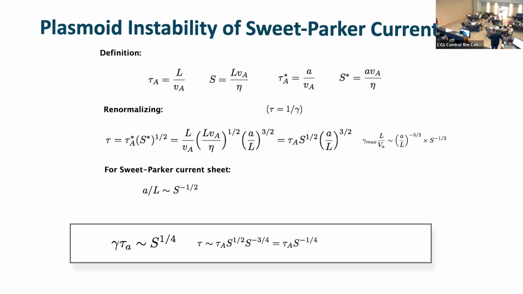Something goes wrong. Now, there are two schools of thought here. One is, I don't care. And you publish papers, and you say, Sweet-Parker current sheet, S to the 1/4. And you say, the islands, you can form as many islands as you want. You can go as fast as you can. Or you can sit back and say, maybe all this is telling me is that since this sheet is so unstable that it takes zero time to destroy it, how do I even make it in the first place?